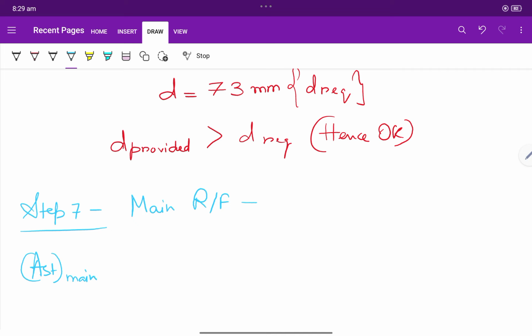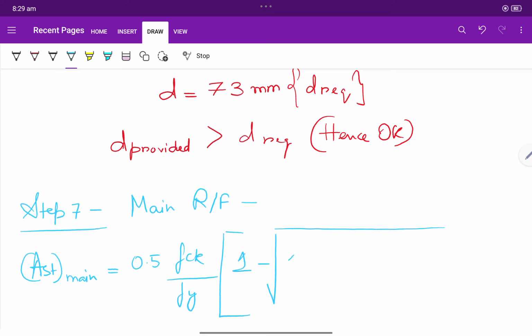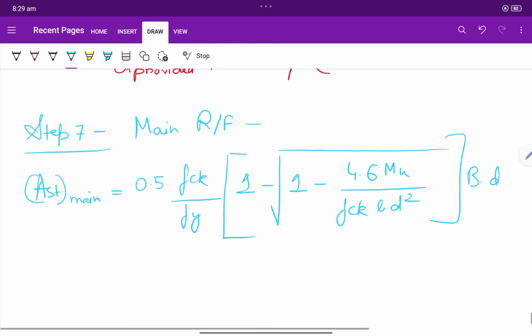So the formula is 0.5 fck divided by fy bracket 1 minus root over 1 minus 4.6 Mu divided by fck bd square into b into d. You can write small b, capital B, whatever you want.